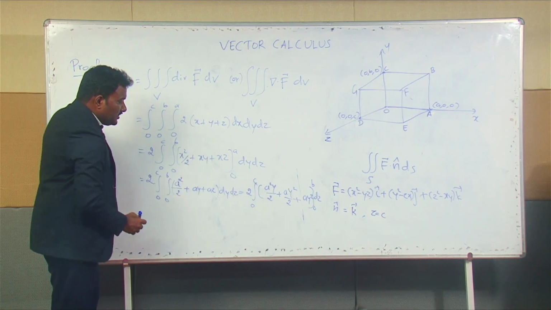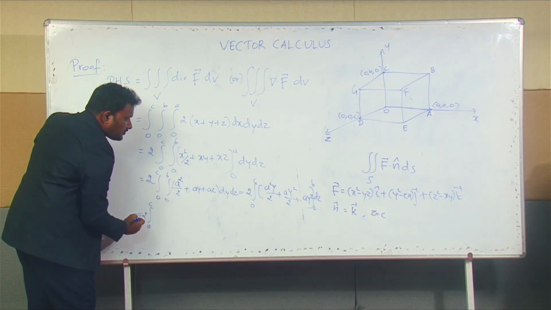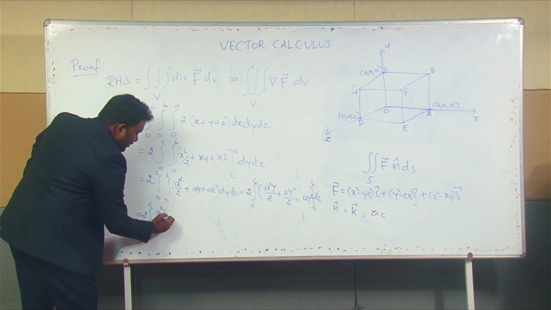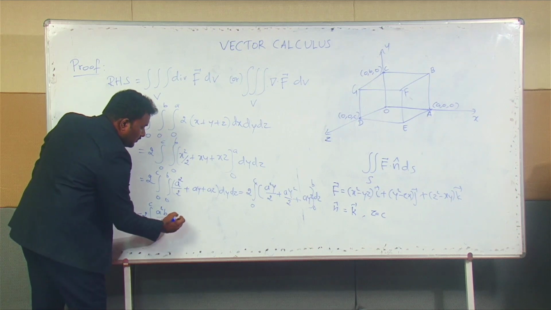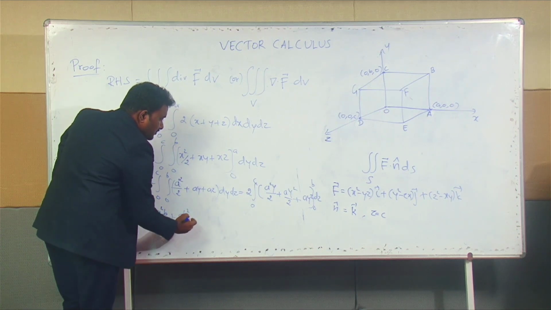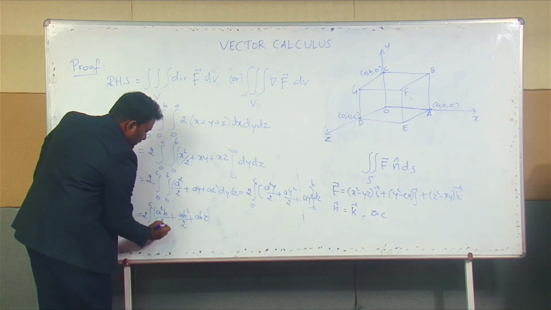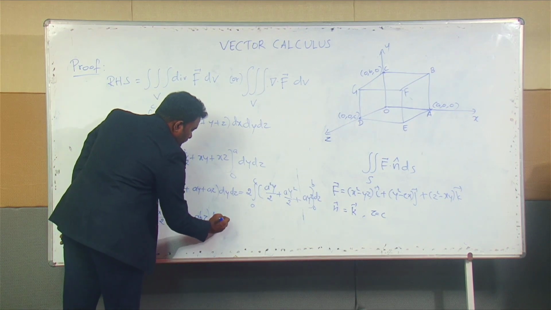By applying the limits here, we get a squared b by 2 plus a b squared by 2 plus a b z, and we have dz.